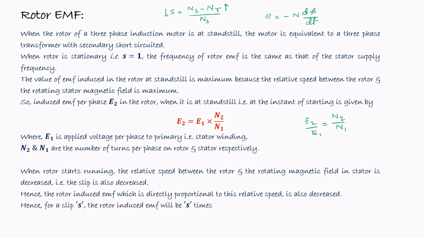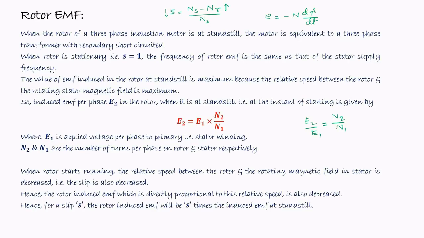Hence, for a slip s, the rotor induced EMF will be s times the induced EMF developed in the standstill condition. So it can be written that the EMF induced in the rotor circuit during running condition is equal to s into E2. This is the EMF induced in running condition.